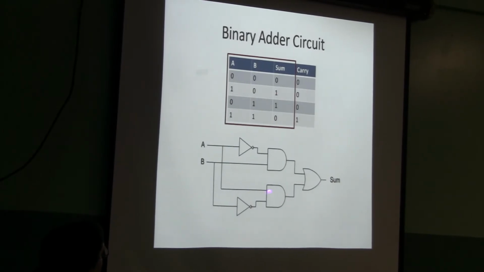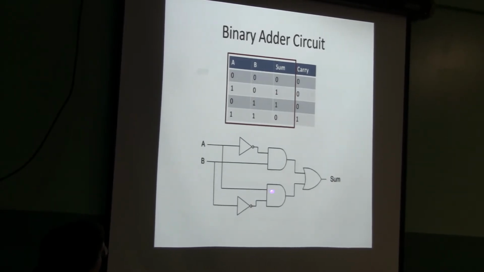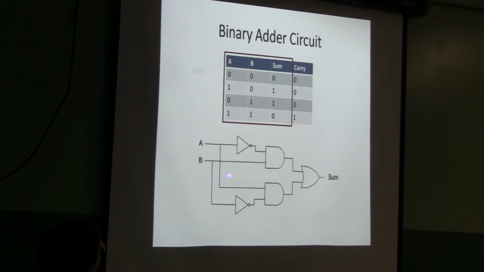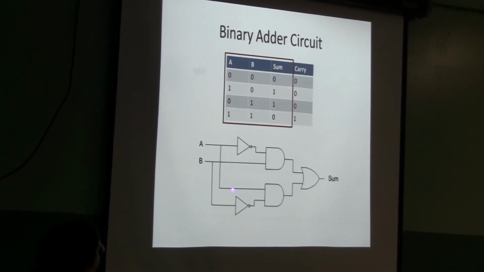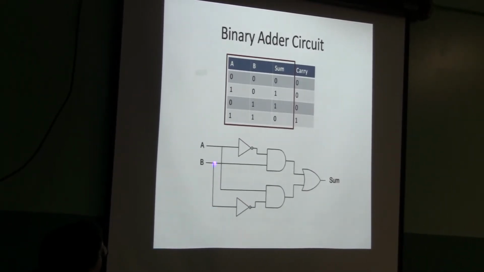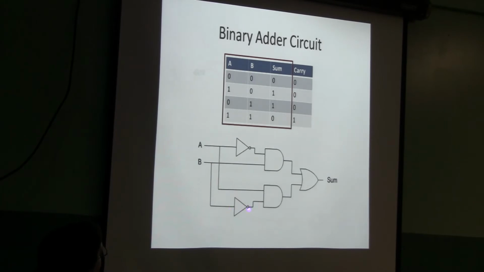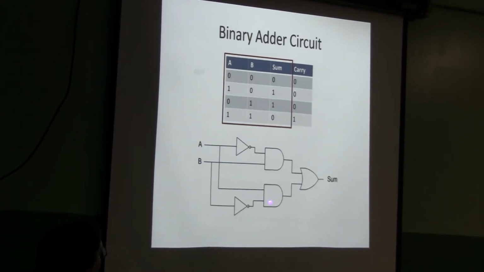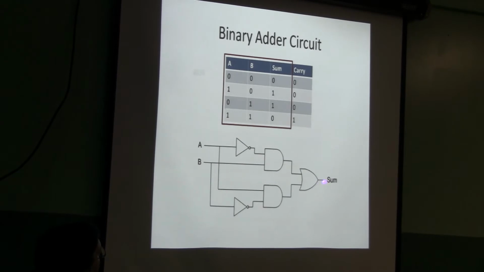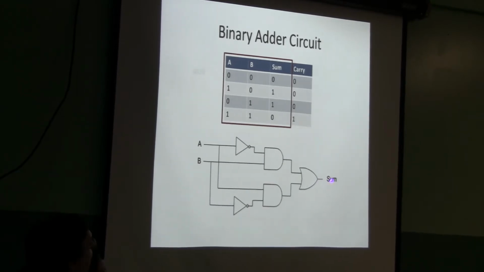But this AND gate would have a 1 there. Now say B is 0, then this would be inverted, so that would be a 1. So if A is 1 and B is 0, this is on, and this is an OR gate over here. So if either one of these is on, then the output is a 1.